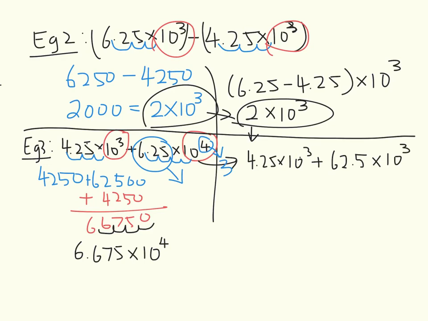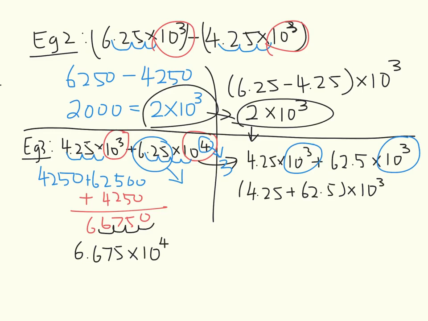So once I have these two tens with the same exponents, I can apply the law of factoring to help us. So I end up with 4.25 plus 62.5 times 10 to the third.